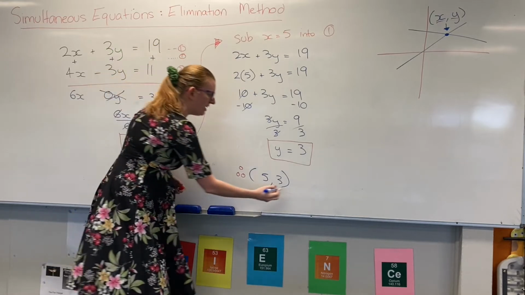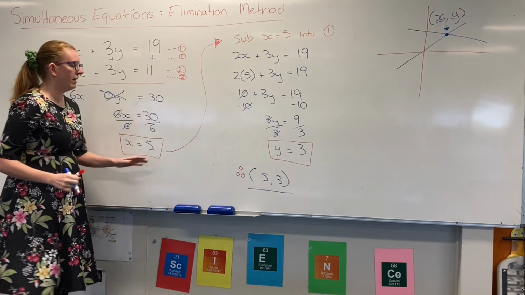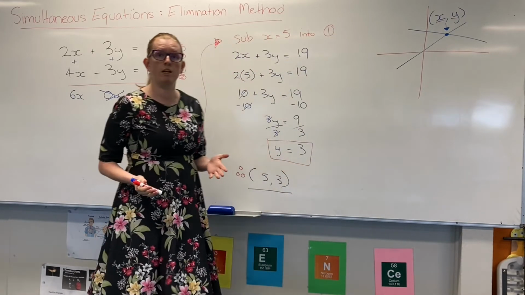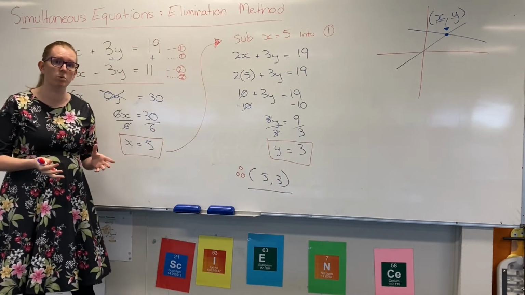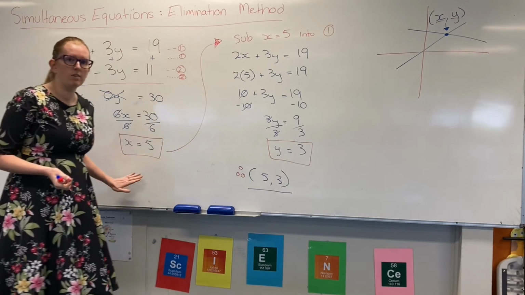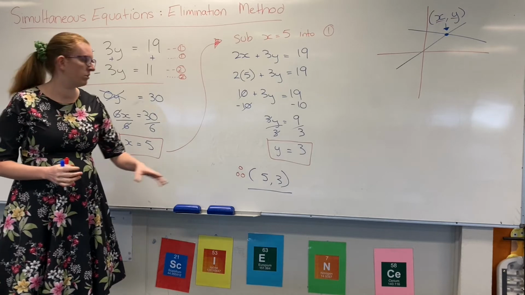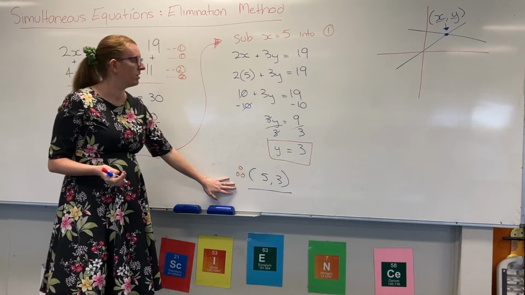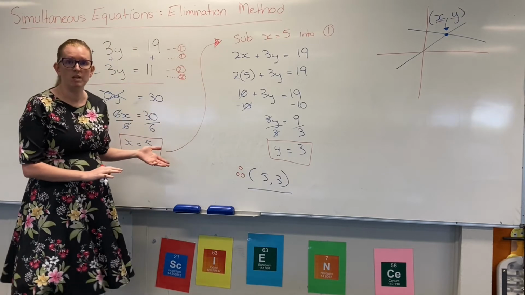All right, there's my final answer. It's written in coordinate form because that is what you're looking for when it comes to simultaneous equations. You are looking for a set of coordinates. Technically my answer is right if I just leave it like this, but it's good form to put your concluding sentence so you don't miss out on any marks. So there's our elimination method.